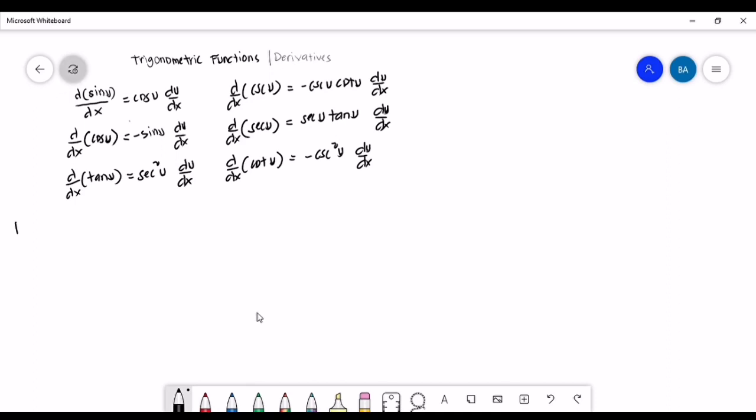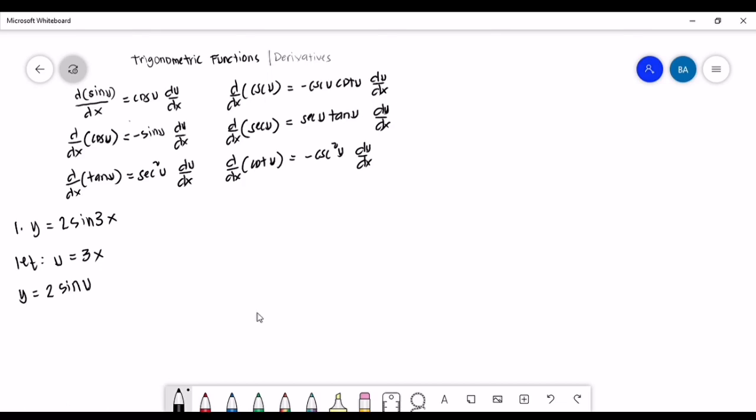Our first example: y equals 2 sine 3x. We just use the substitution method. We let u equal 3x, and then we rewrite our given as y equals 2 sine u.